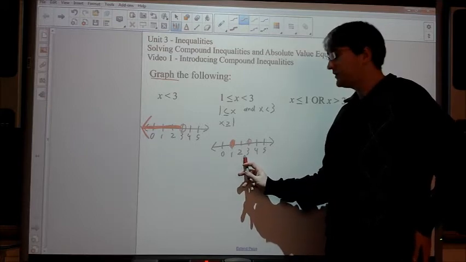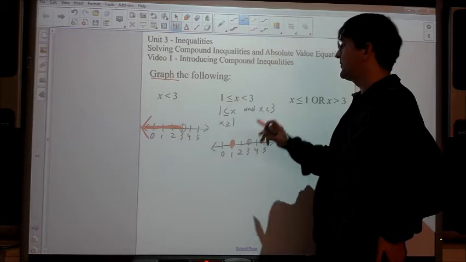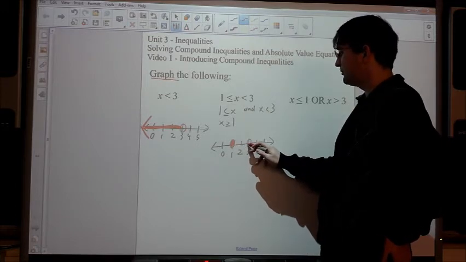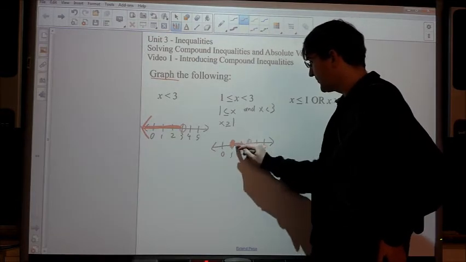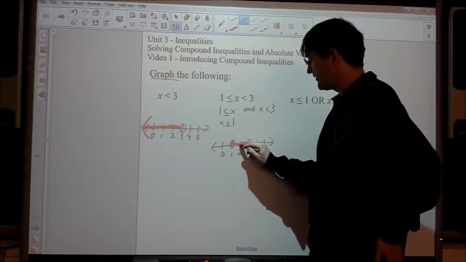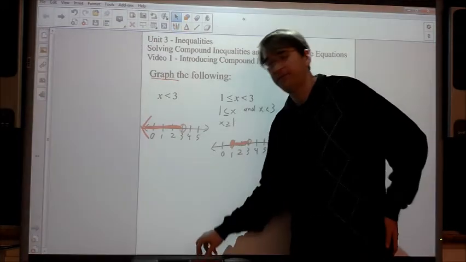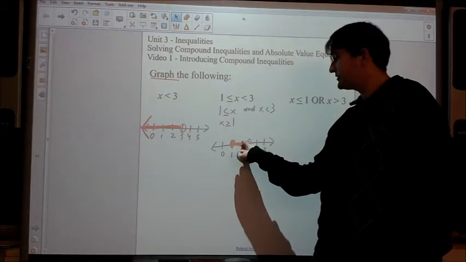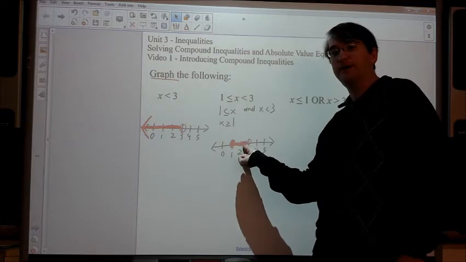But 2 is both greater than 1 and less than 3. And so are 1.1, 1.2, 2.3, 2.4, 2.5, all of those other decimals in between. And so then to make my graph, I just connect those little dots. If you remember old cartoons, they showed these dumbbells, the really big heavy weights that people lift. That's the kind of picture that we have here. We've got two little circles on both ends, and then a bar connecting the two of them.